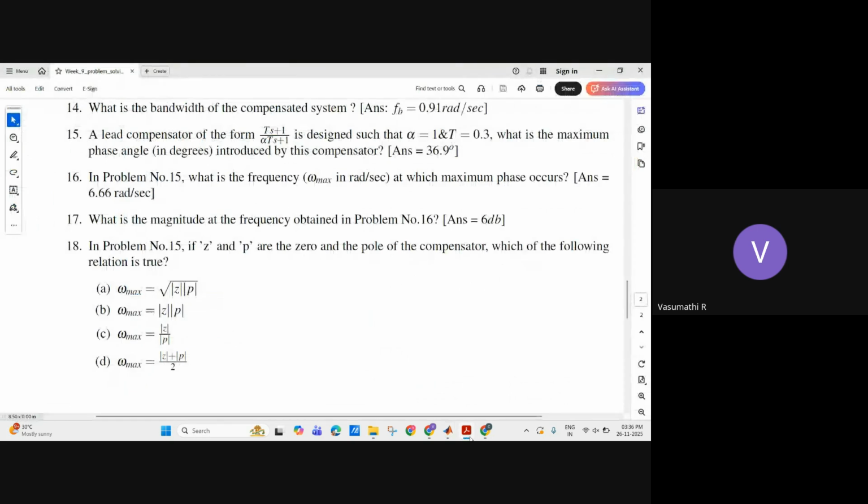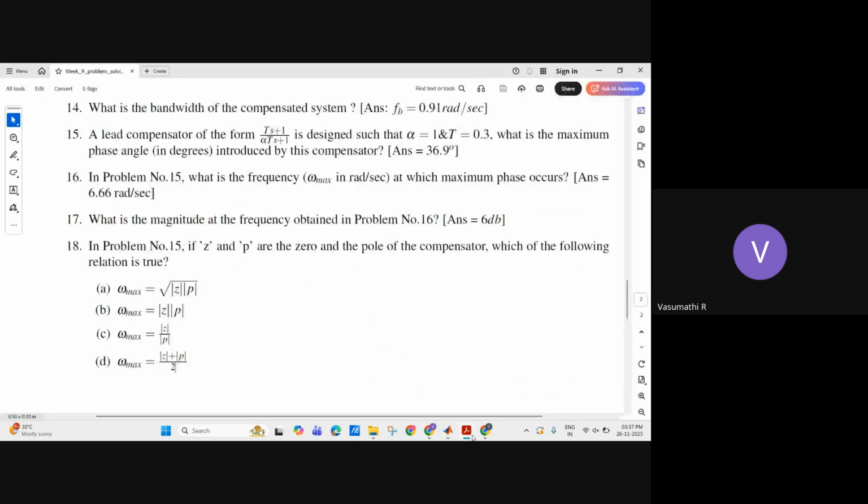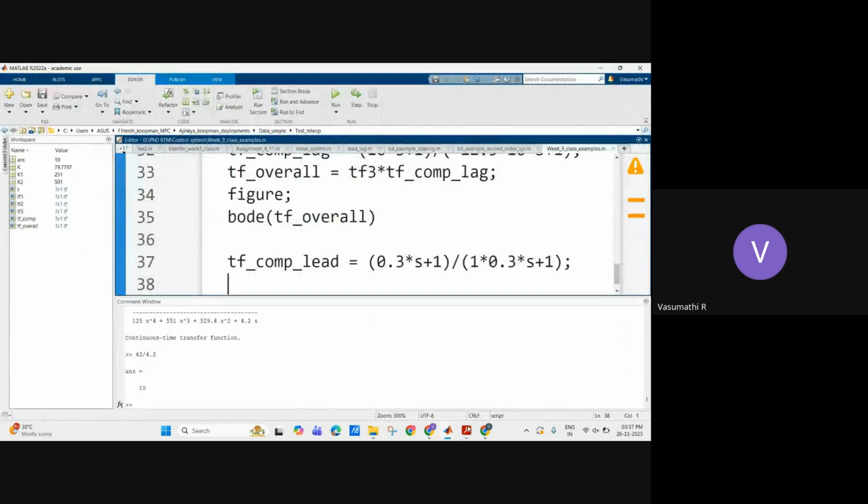It is correct, right? What is the maximum phase angle introduced by this compensator? Phase angle has been asked, right? I don't think you can find it here, but let me try.